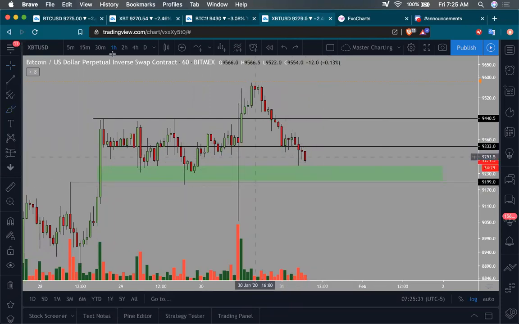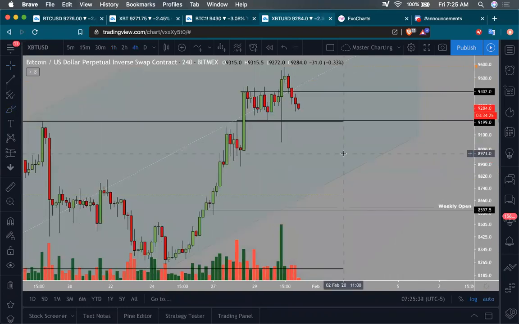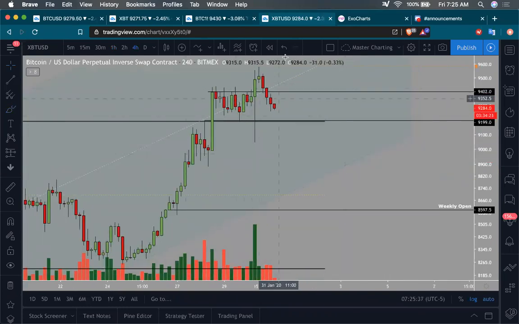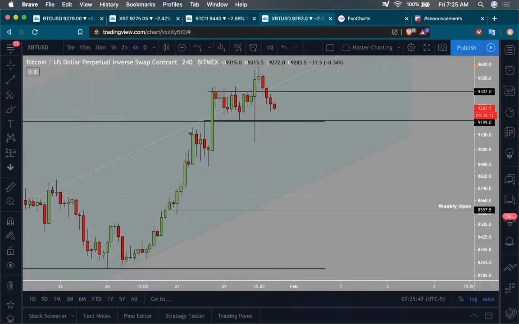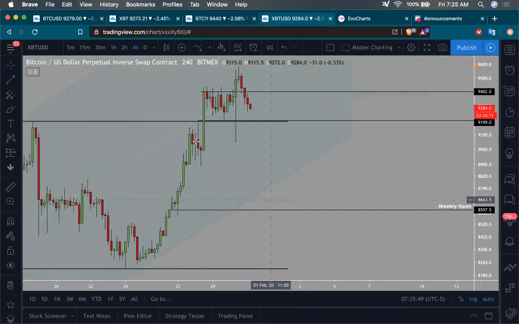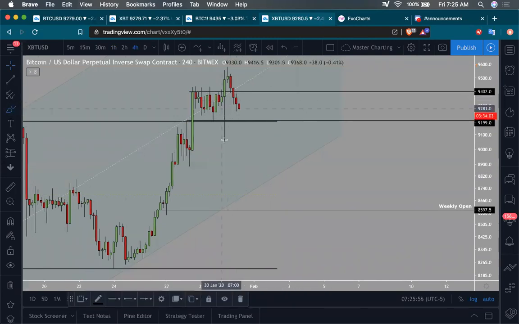But for now, when we start dialing out to the higher time frames, this is where things get interesting. If we dial out to the 4 hour, for the most part I don't think anything has changed structurally. We should not have had reacceptance back into this area, especially after a big high volume rejection push to the upside.